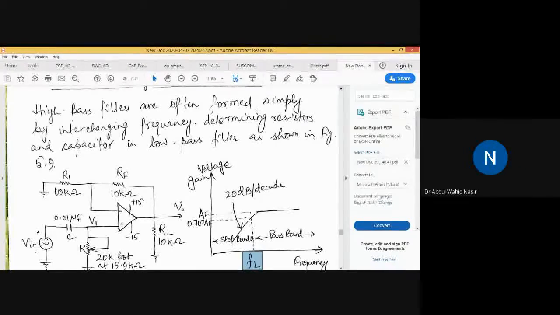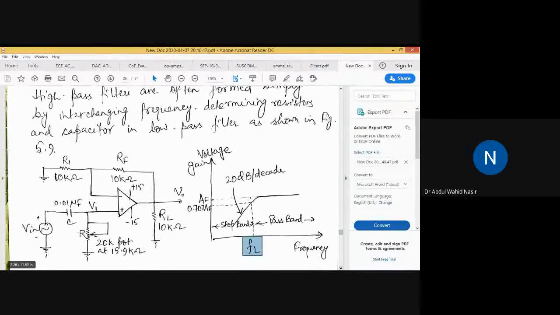In the low pass filter, instead of R we will have C, and instead of C we will have R. If you change the places of R and C in a first order low pass filter, you get a first order high pass filter. So just by changing the position of R and C, you can get a high pass filter from a low pass filter.